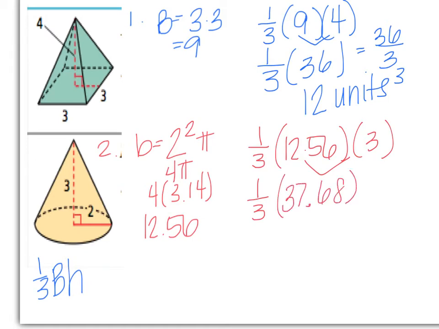The order here doesn't matter. If you had done 1/3 times 12.56 and then multiplied it by 3, you're going to get the same answer. Then if I divide 37.68 by 3, I want to round to the nearest tenth, or 1 decimal. So I get 12.6. And I need to include units cubed.